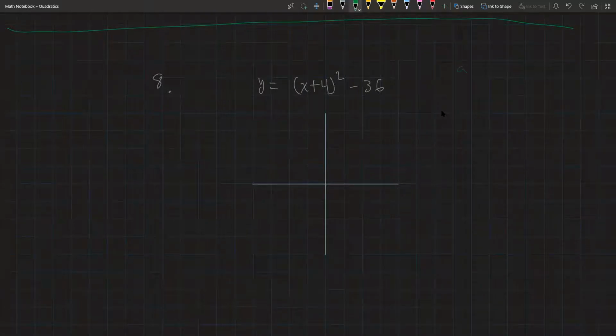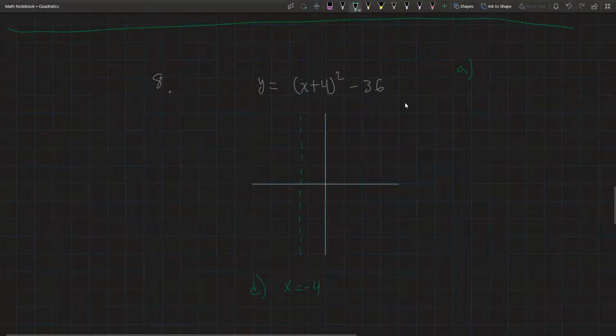So letter A, let's start with the vertex. And I'd like to always find the line of symmetry. That is when x is -4 in this case. x equals -4 is our line of symmetry, and that's letter D. It doesn't have to be done in the same order that is being asked, okay? And when that is equal to 0, our lowest y value is -36.